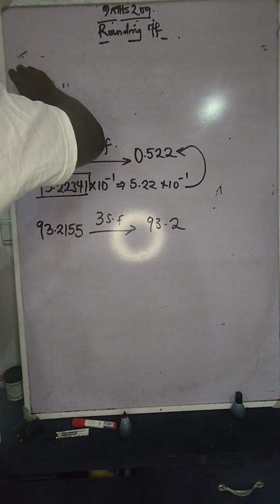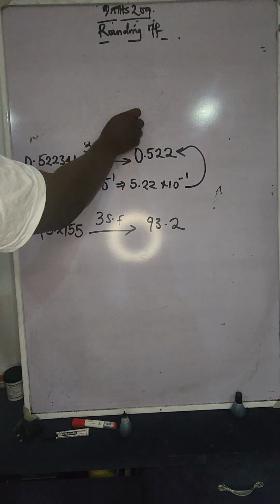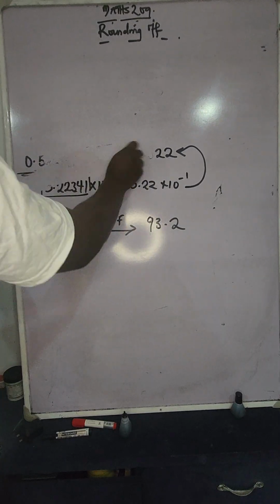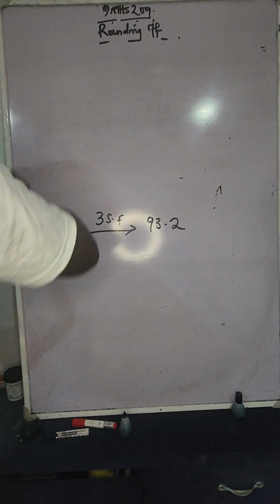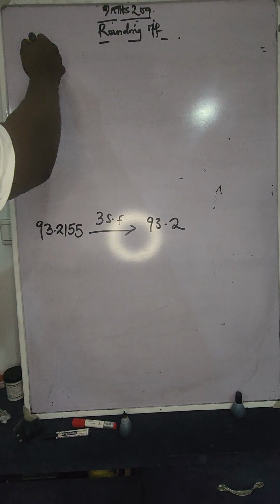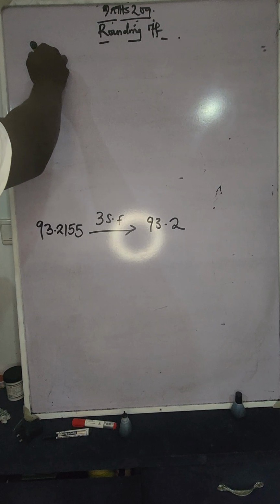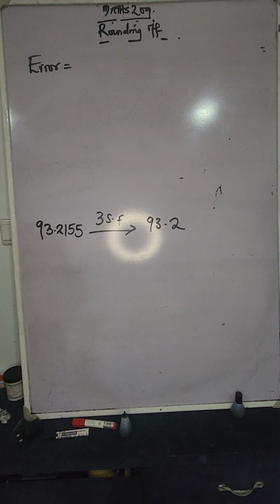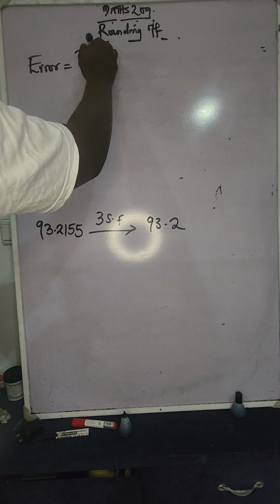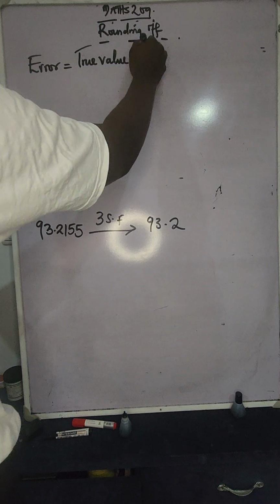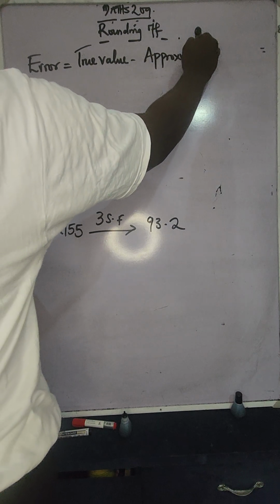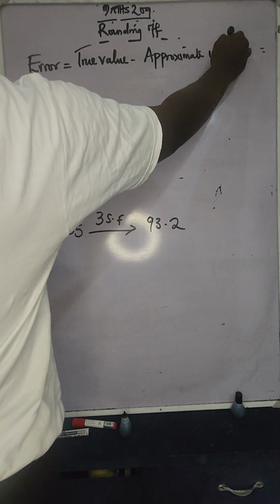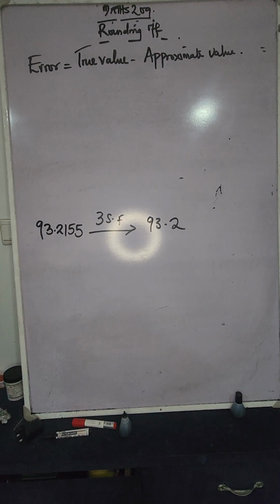So from here, we'll be able to illustrate what errors are. All right. Errors. So we said error, by definition, is the true value minus the approximate. Error is the true value minus the approximate.